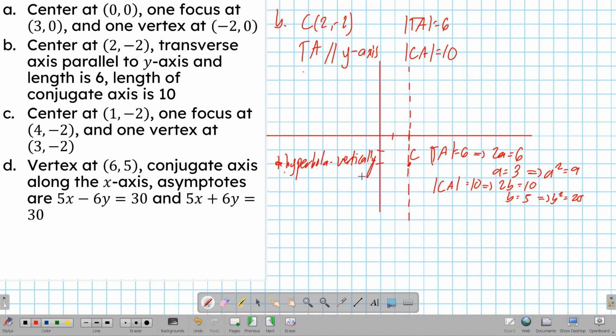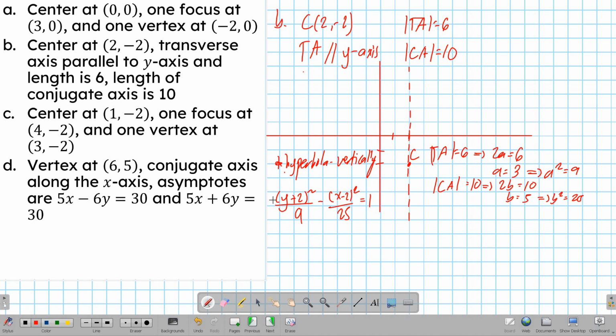Since this is vertical, I have to write y first. So it will become y plus 2 squared, because that's negative 2 in the coordinate of the center. That's y plus 2 squared over 9 minus x minus 2 squared over 25 equals 1. This is the equation of this hyperbola in standard form.